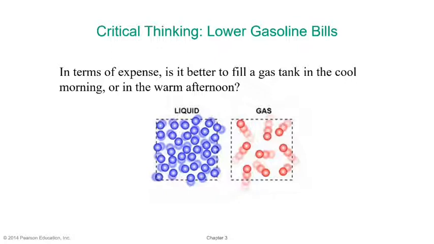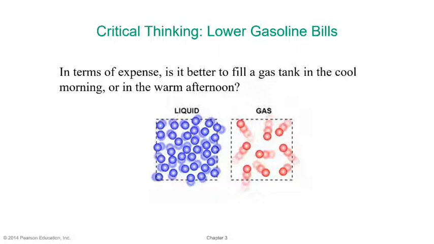If we go to the gas station, what are we filling? How are we measuring it based off of? We're measuring it based off of gallons, the volume of gas, not the mass of the gas. And since the gas particles themselves are the ones storing the chemical energy, if I'm filling it in the warm afternoon, I'm getting less gas particles in that volume, which means I'm not going to travel as far.